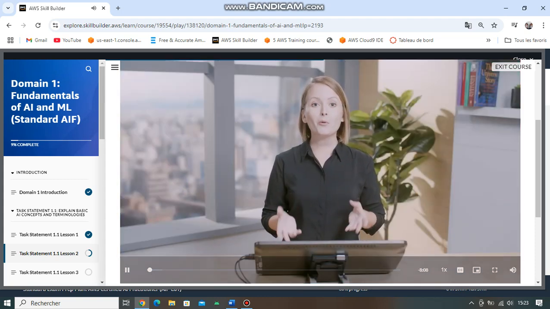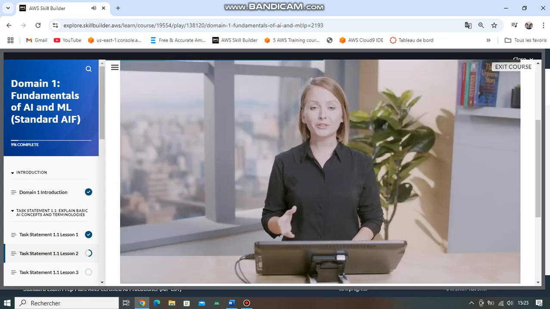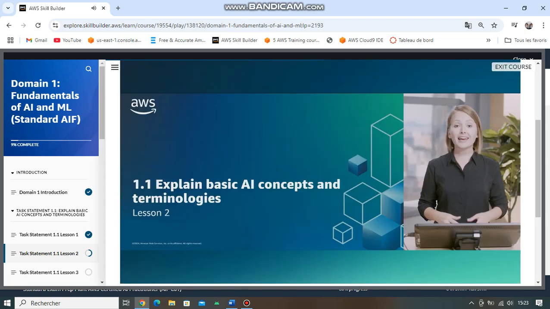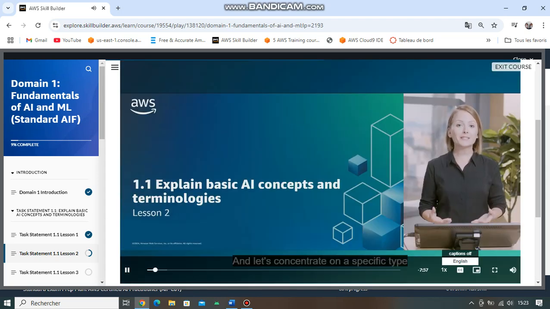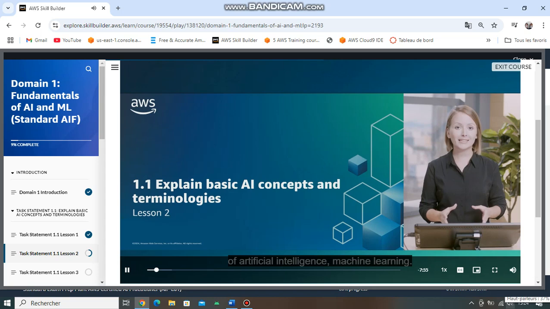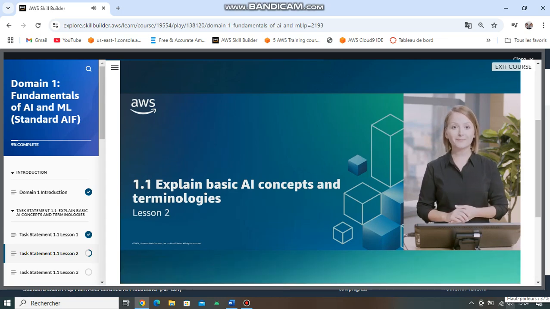Let's continue with task statement 1.1, which is to explain basic AI concepts and terminologies. And let's concentrate on a specific type of artificial intelligence, machine learning.